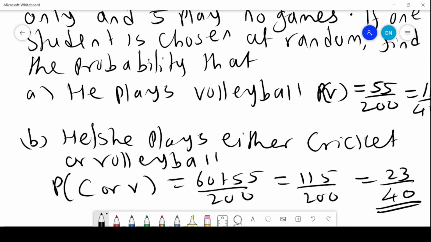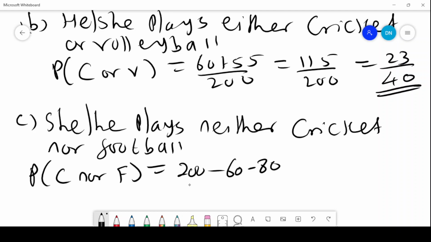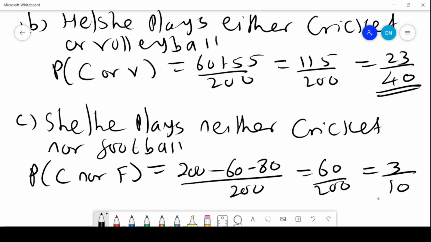So there's a 23 over 40 chance that a student will play cricket or volleyball. For plays neither cricket nor football, it will be 200 minus 60 minus 80 over 200, which is 60 over 200, and that is 3 over 10. There is a 3 over 10 chance that he plays neither of the indicated games.